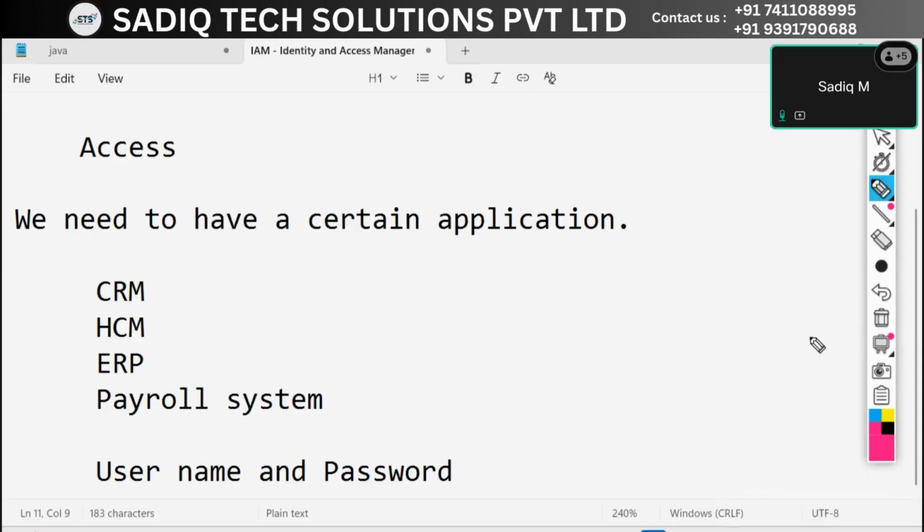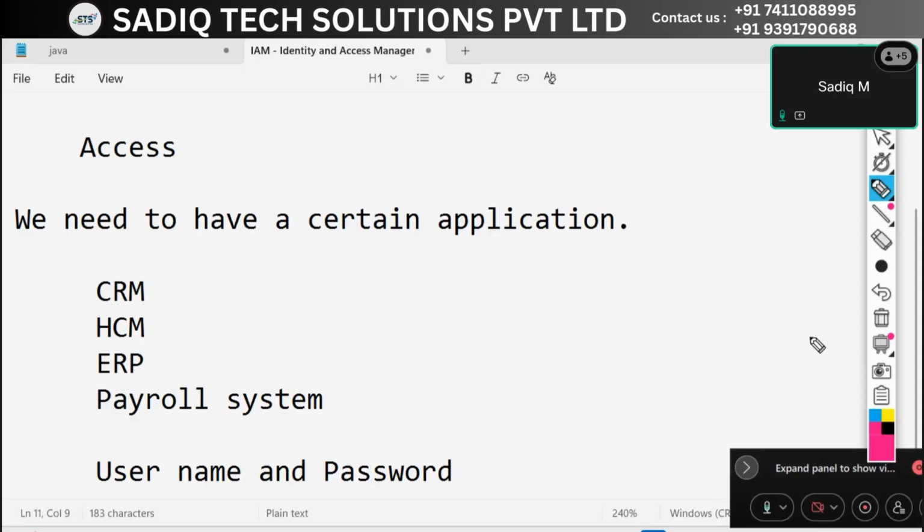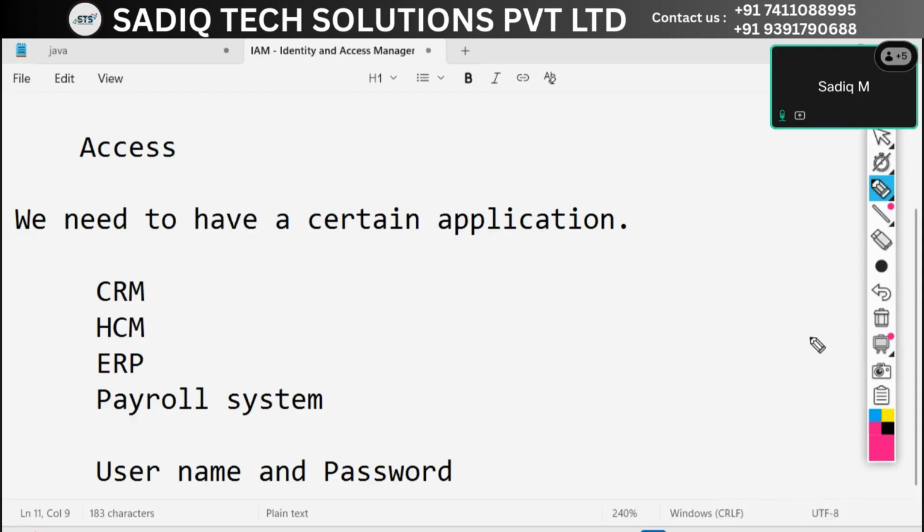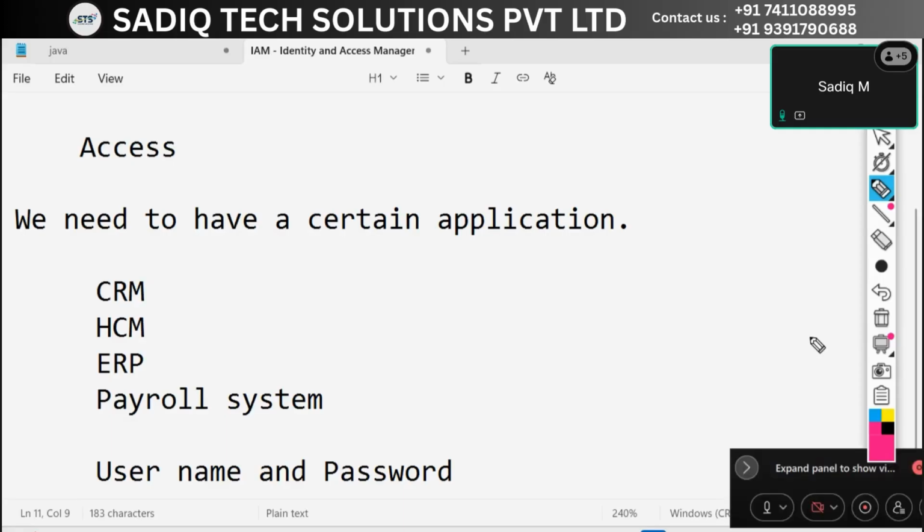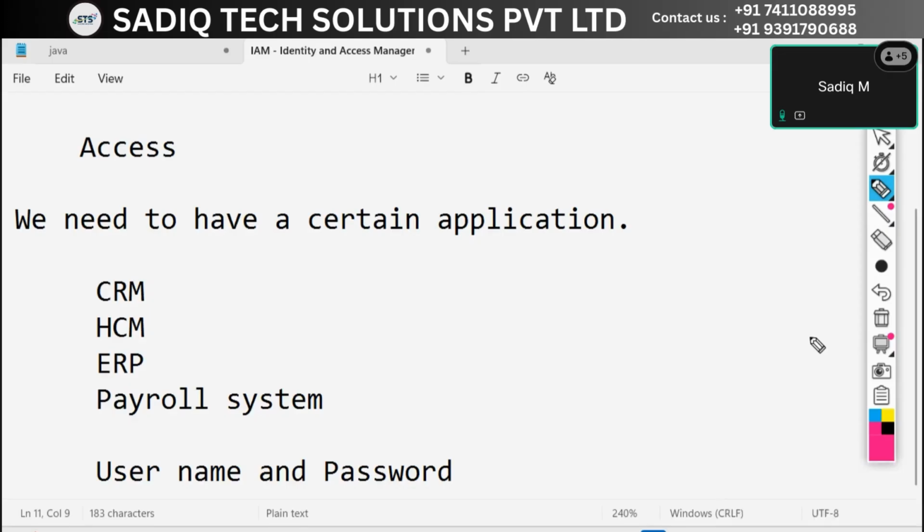After that, he accepts your ID card and allows you to enter the office premises. And then before entering the ODC or your cabin, you have to swipe your access card, and that also comes under authentication. Why?